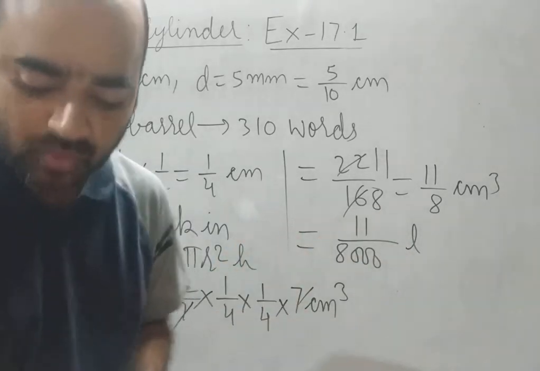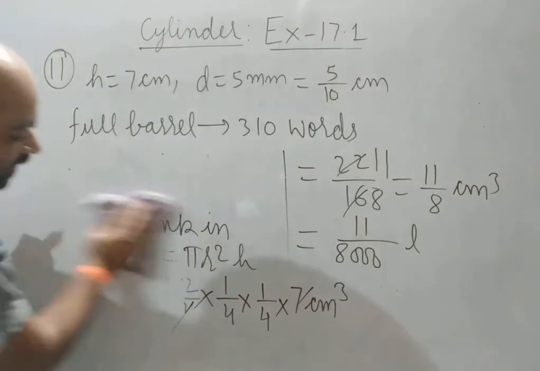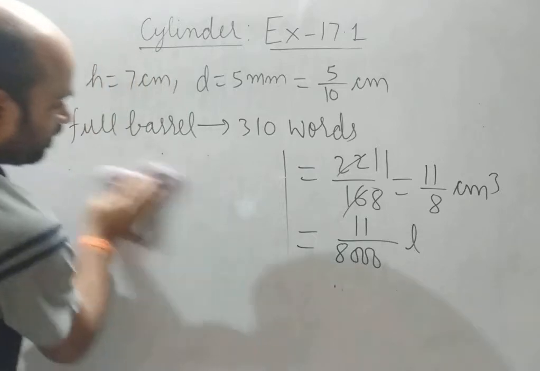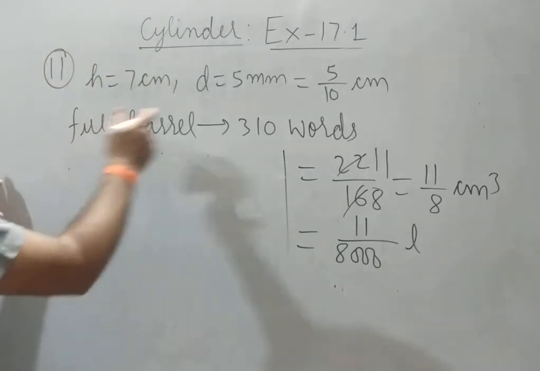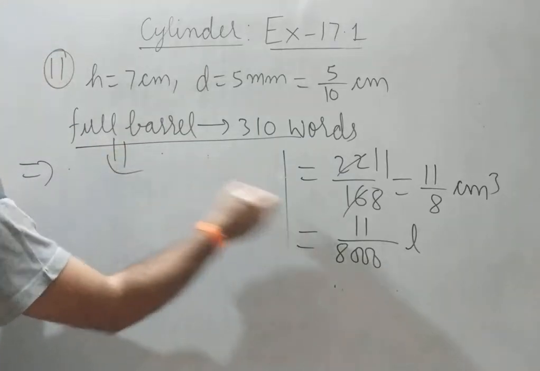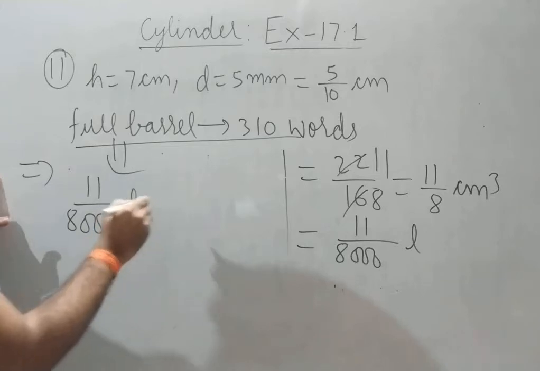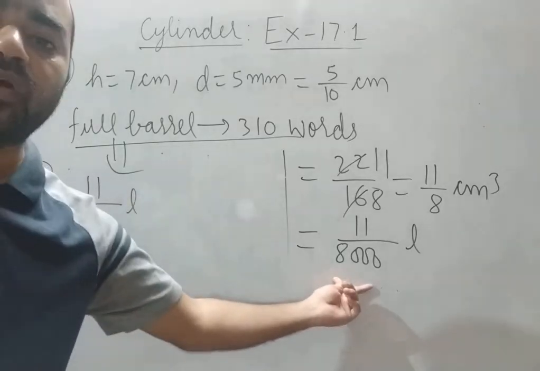Correct? So it is given full barrel can write 310 words. Full barrel means what is the amount of ink in the full barrel? We have calculated 11 upon 8000.